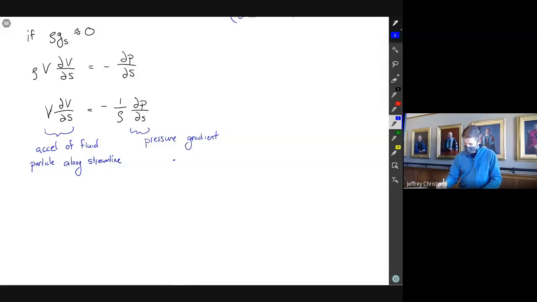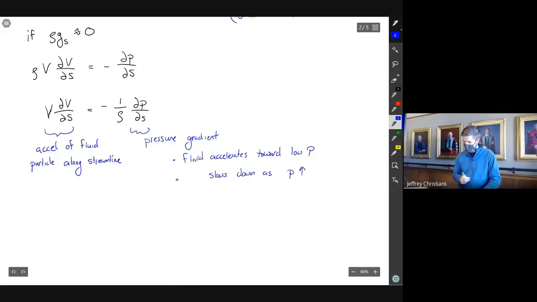So the fluid will accelerate toward low pressure and slows down as pressure goes up.